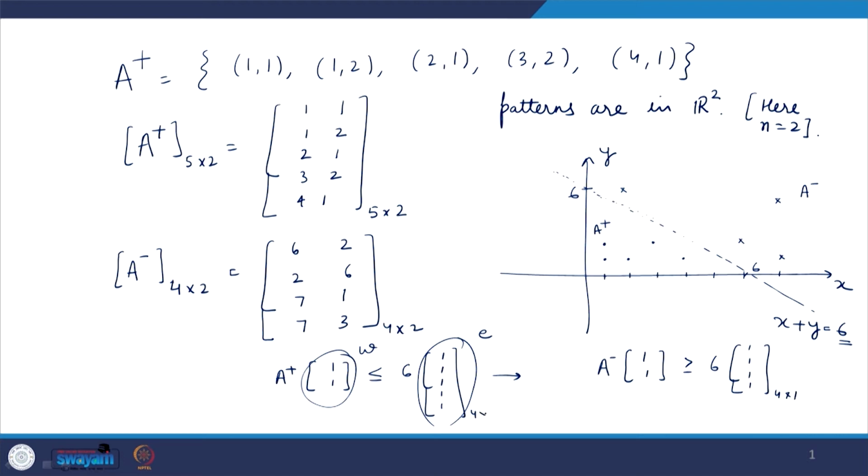Now, 6 plus 2, first row first column by matrix multiplication is 8, 8 greater than or equal to 6, true. 2 plus 6 is 8, true. 7 plus 1 is 8, again true, and 7 plus 3 is 10, 10 greater than or equal to 6 is again true. So, we can say that you can opt for this hyperplane which classifies these two classes linearly. Okay.